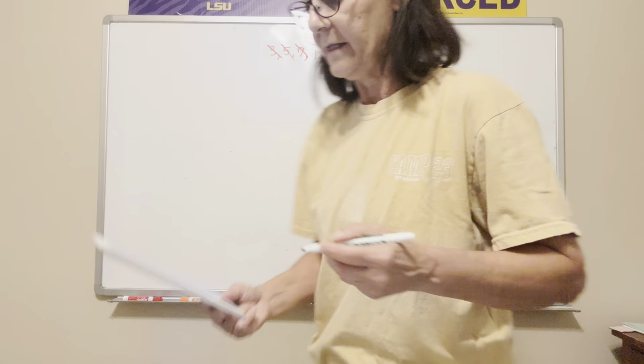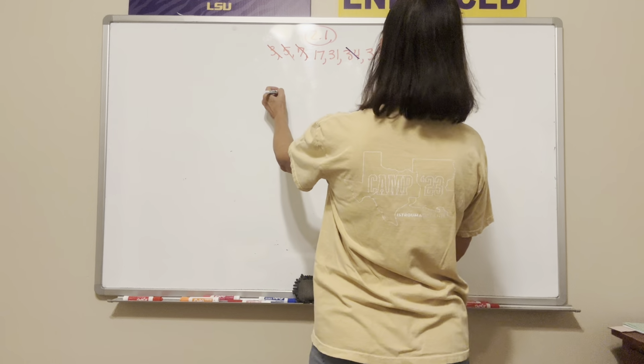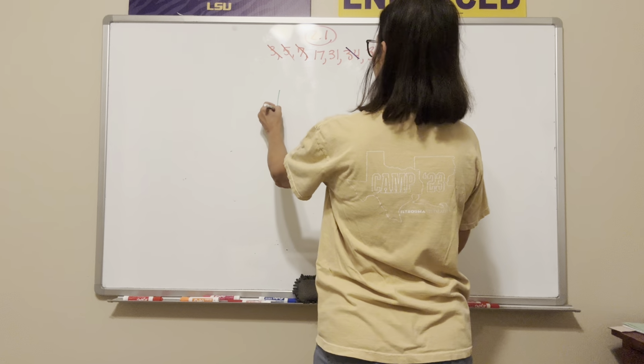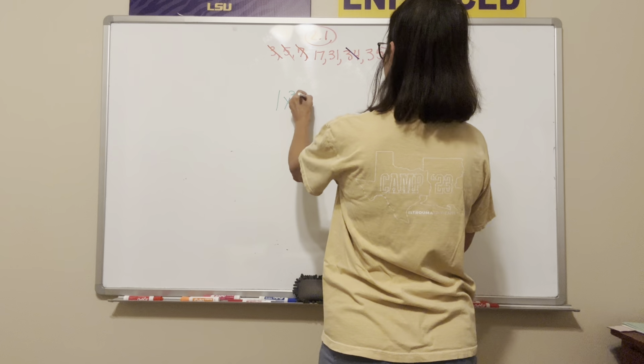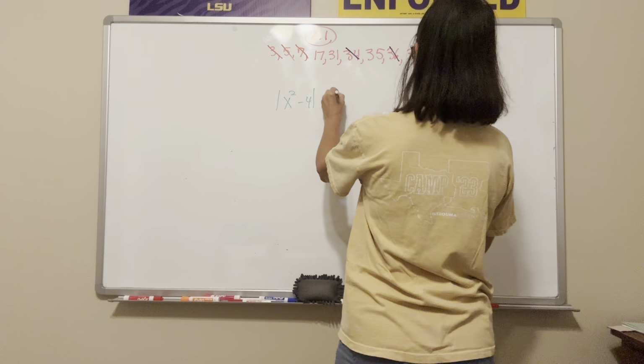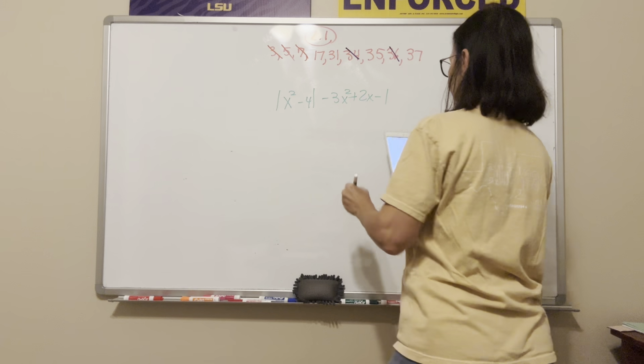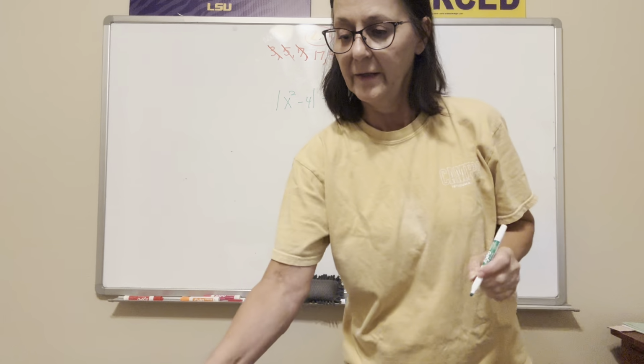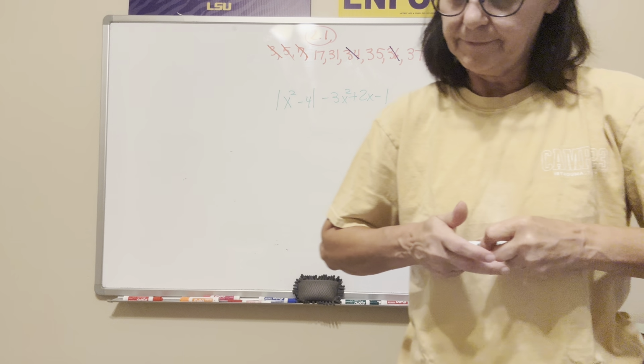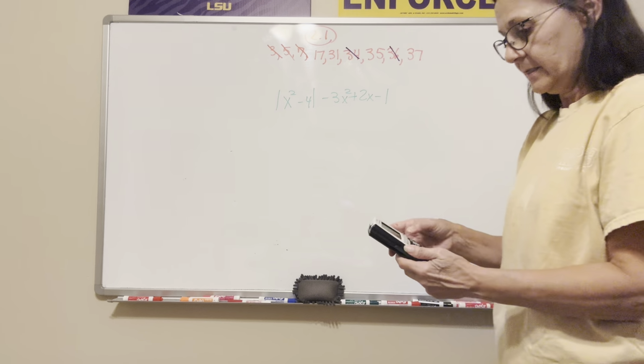I'm going to set this equal to 0. All right, 31. Absolute value, x squared minus 4 minus 3x squared plus 2x minus 1. All right, so I'm setting it equal to 0. Let's see what this looks like graphically.